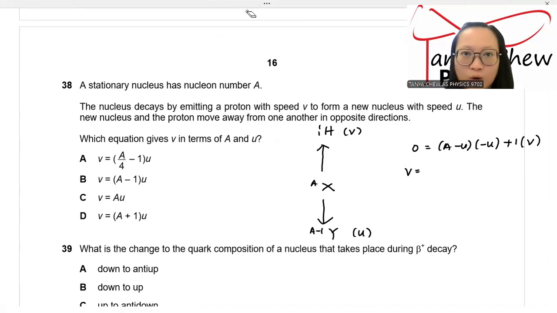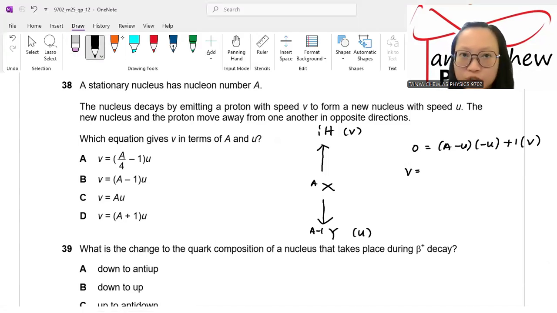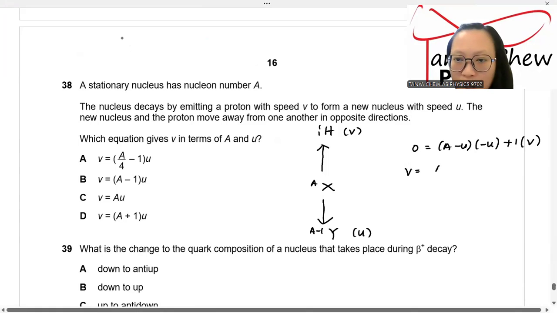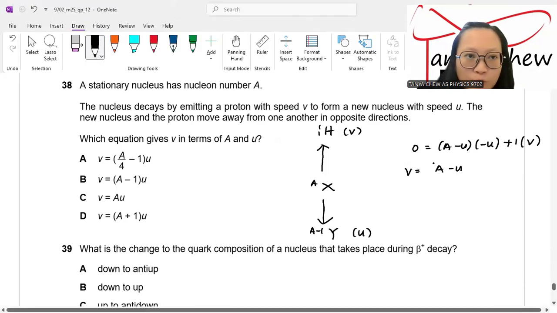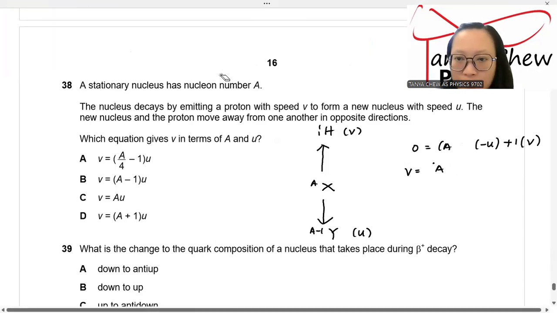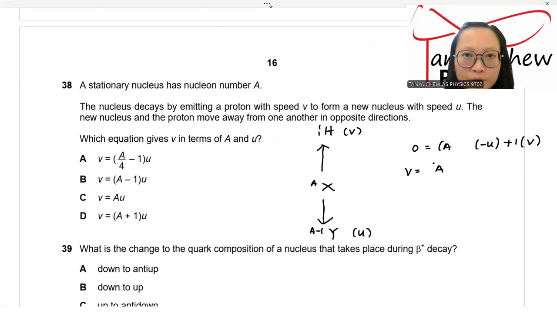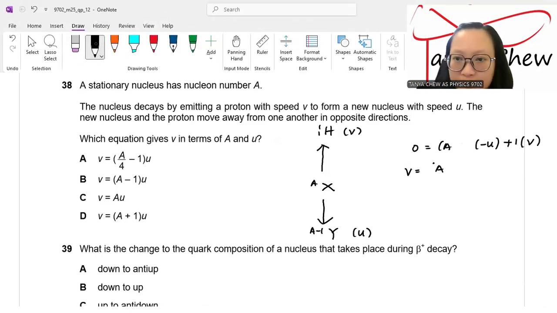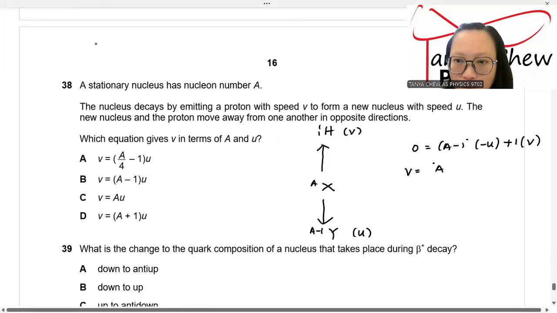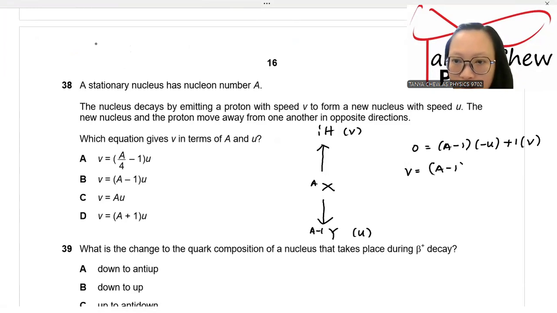You start from zero and then move in the opposite direction. Momentum is a vector quantity. You have to put in the minus. This is A minus 1. That is the mass number. Remember, nucleon number represents the mass. So A minus 1, negative U becomes U. So the answer is B.